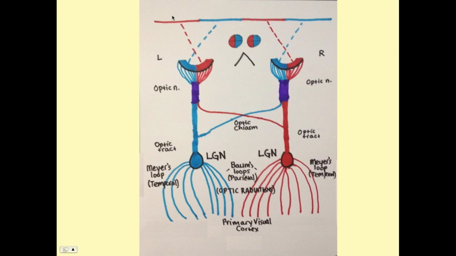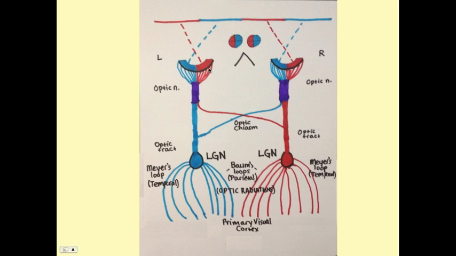So here's our left visual field. It makes a 90-degree angle with the retina on the right-hand part of the eye. So the left visual field for both eyes is seen by the right part of the retina.